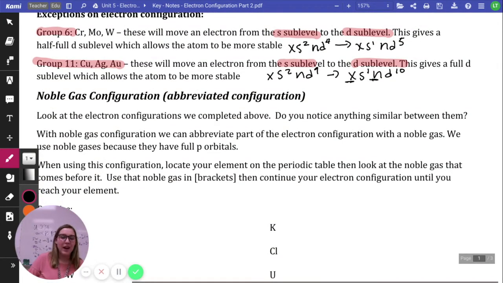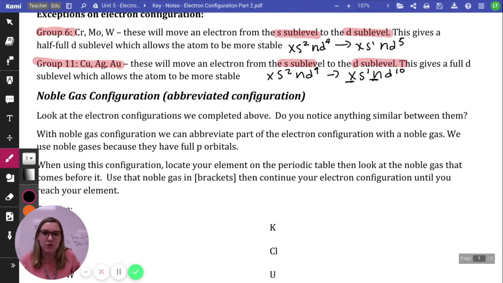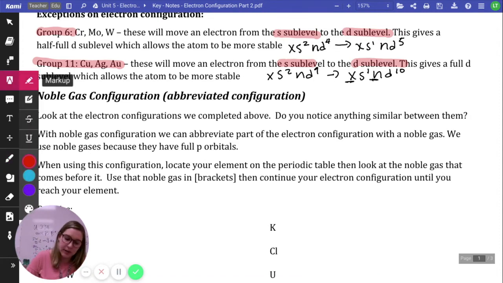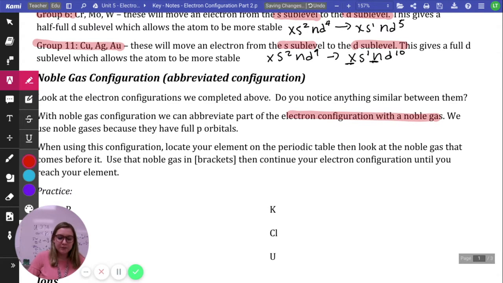So we have an abbreviated version, noble gas, and with these, we can abbreviate part of our electron configuration with a noble gas. We use noble gases since they have a full p sublevel, a full valence electron shell.